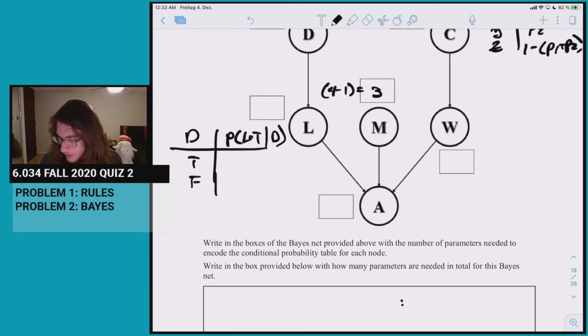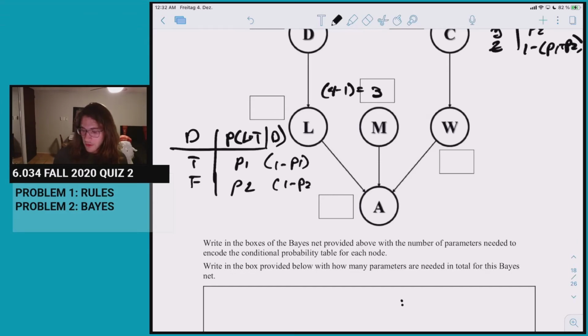So the probability that L is true, given that D is true, is P1. And then the probability that L is false, given D is true, is 1 minus P1. And then the same applies to when D is false, because that's a different universe. Then I have a different set of parameters, which means this is 2 because I have 2 values from D, and then 2 minus 1. That's the case of L. I have 2.